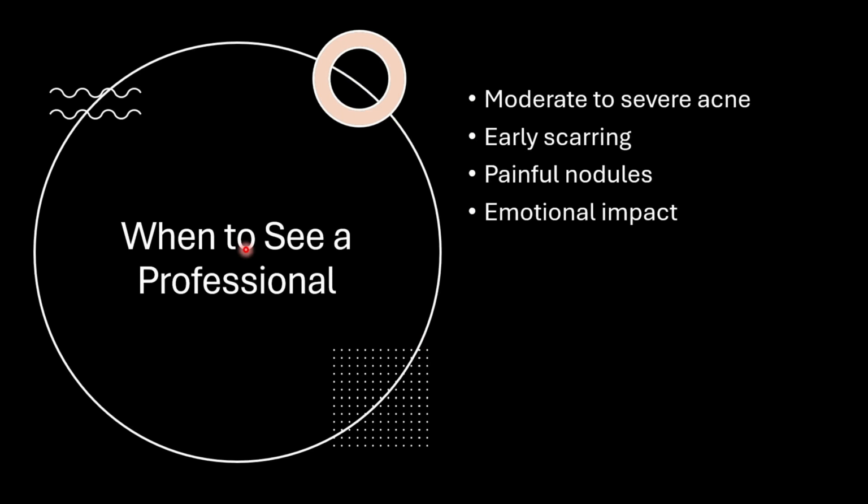So when to see a professional? We can go to a doctor when you have moderate or severe acne. So what is moderate or severe acne? As I told you before, when you have some kinds of lesions such as pustules and nodules, and it also depends on which part of your body the acne is on, because we usually think of acne on the face, but it can also be on your back.